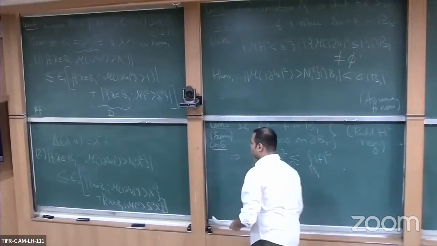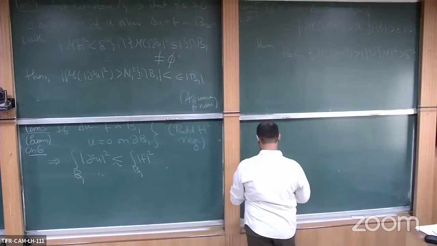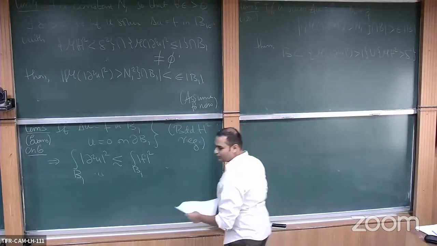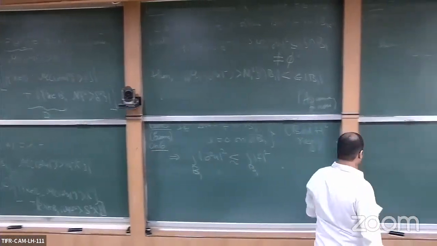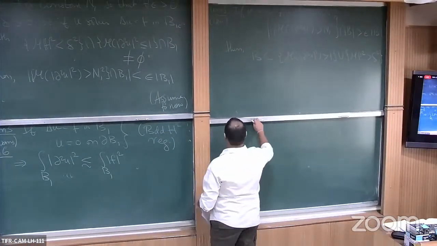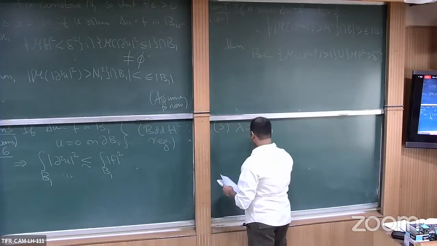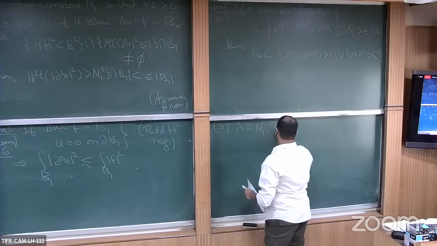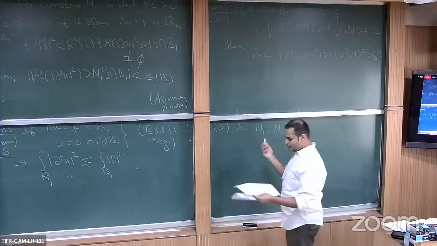Now let us go to the final step. In the final step, I just iterate this. So now I put step 3. I'm going to set lambda to n1 square, so I iterate the whole thing.